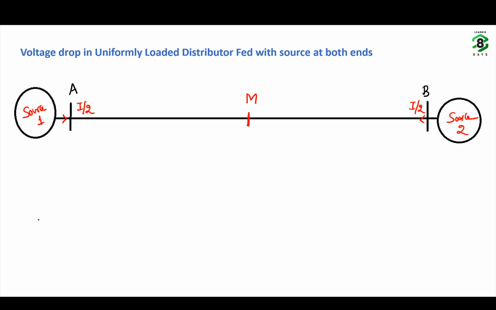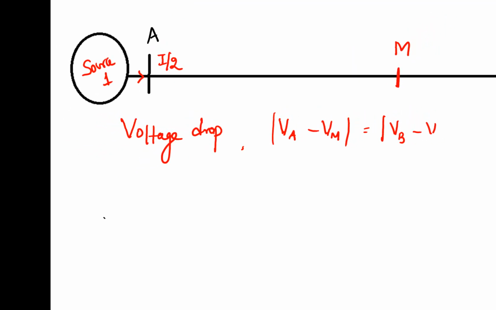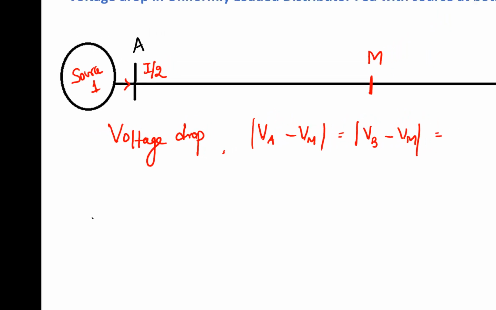Now, the potential is least in the distributor at point M. So in this case, the voltage drop in the distributor, VA minus VM, which equals VB minus VM, will become how much?